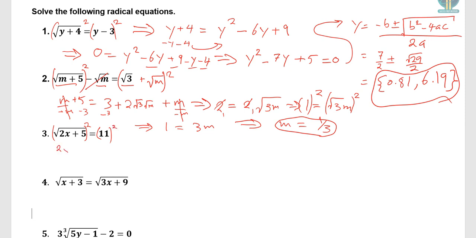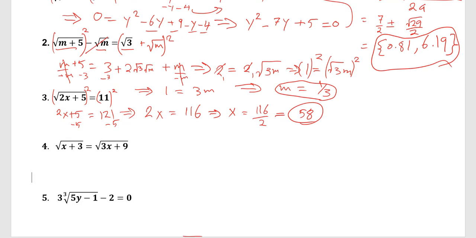Now we have 2x plus 5 equals 121. Again, just straightforward algebraic solving. 2x equals, we subtract 5 from both sides, so 121 minus 5 is 116. x equals 116 over 2, which is equal to 58.